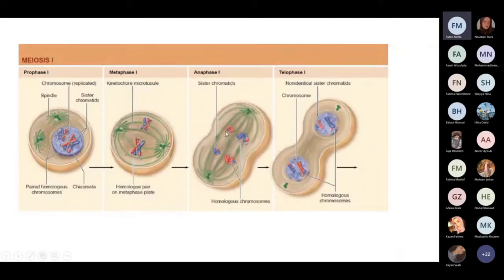At the anaphase, we'll have detachment of the chiasmata and separation of the homologous chromosomes, each one to a pole of the cell. At the telophase, we have the regeneration of the nuclear envelope and the cytokinesis, the separation of the two daughter cells, which are haploid and having two sister chromatids.